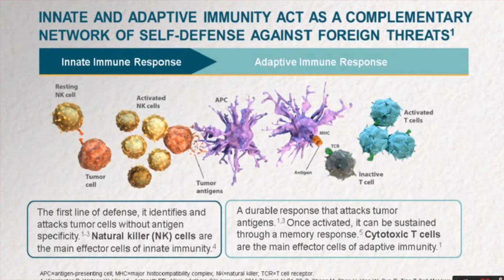With the appropriate association of antigen-presenting cells, inactive T cells can become activated T cells, and these active T cells can sustain a memory function. And in terms of a cancer, this would mean that activated T cells could travel throughout the body and identify and destroy cancer wherever it may occur. So this is part of the adaptive immune response where we acquire immunity to specific new targets.